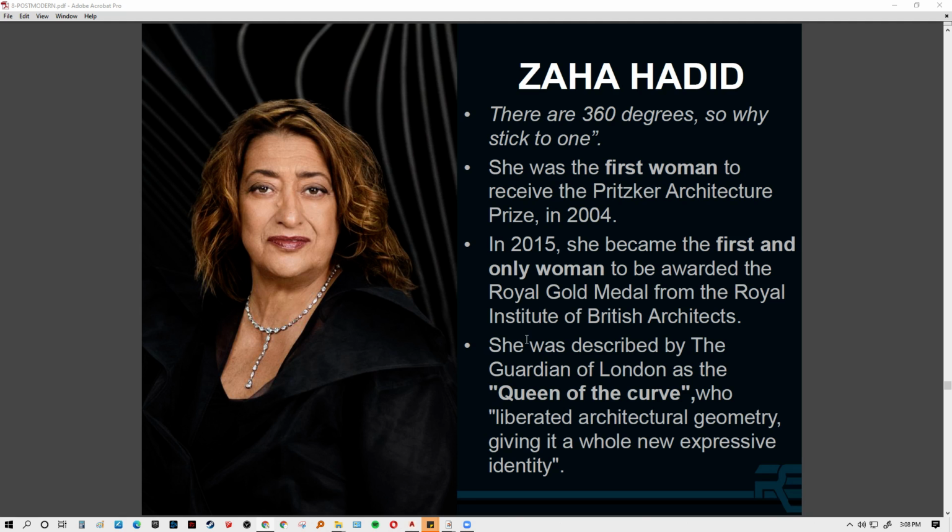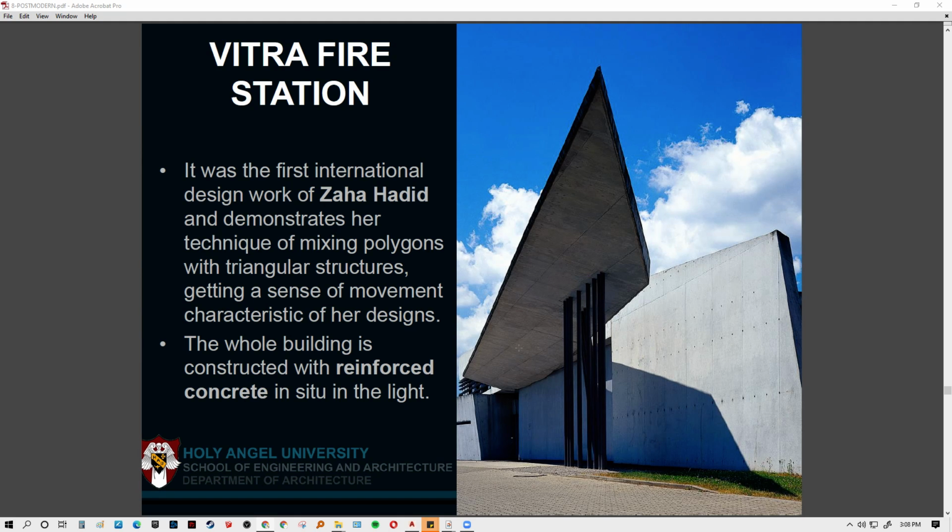She has a different way of expressing architectural geometry with her designs. A good example is the Vitra Fire Station, made out of reinforced concrete, a precast or prefabricated one, along with this pointy roof and curved walls.